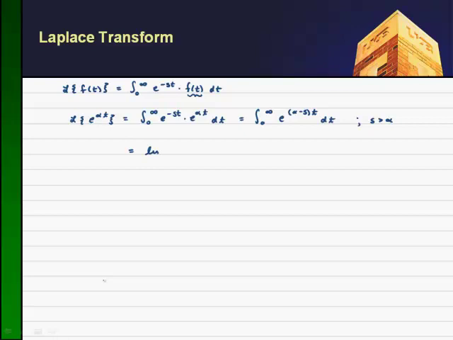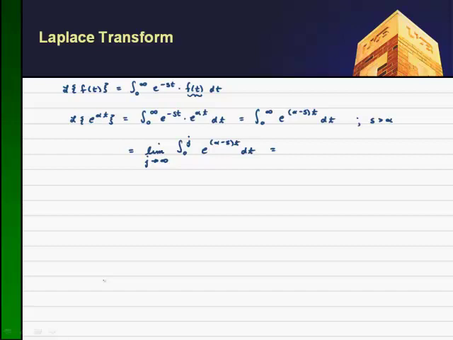Okay, so let's see where we are. Let's write this as the limit as j goes to infinity of the integral from 0 to j of e to the alpha minus s t dt.